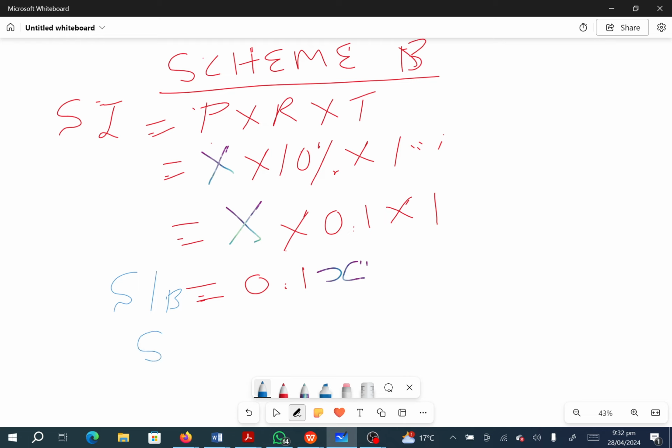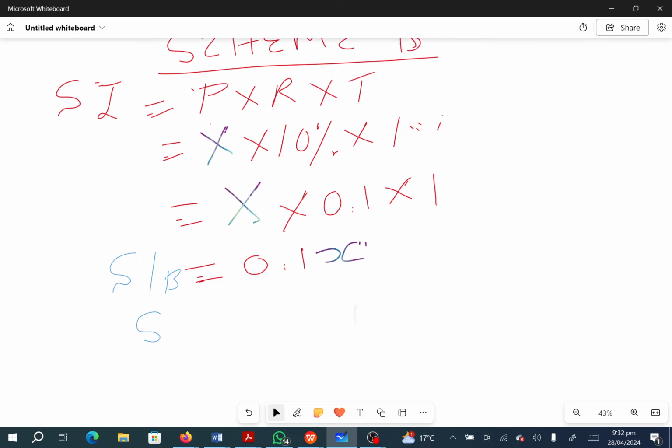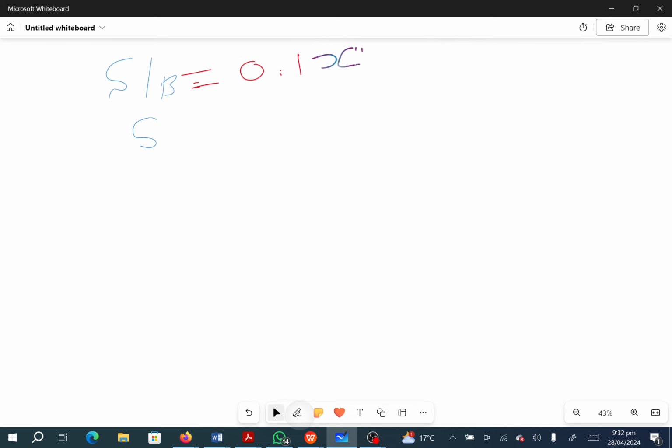We're going to say SI. Simple investment interest is equal to PRT, which we have already.